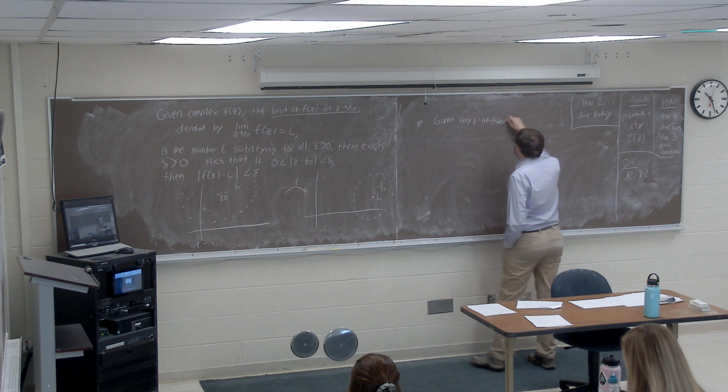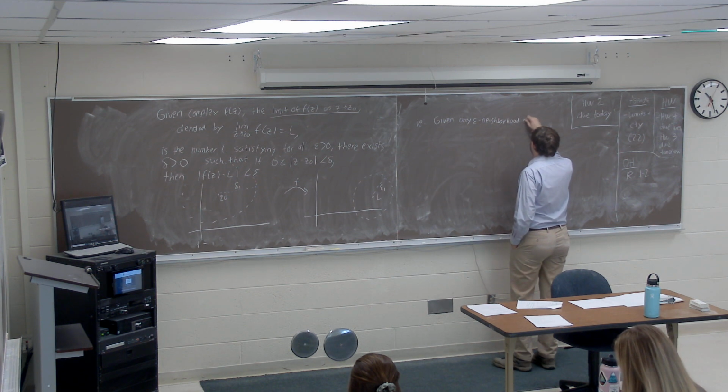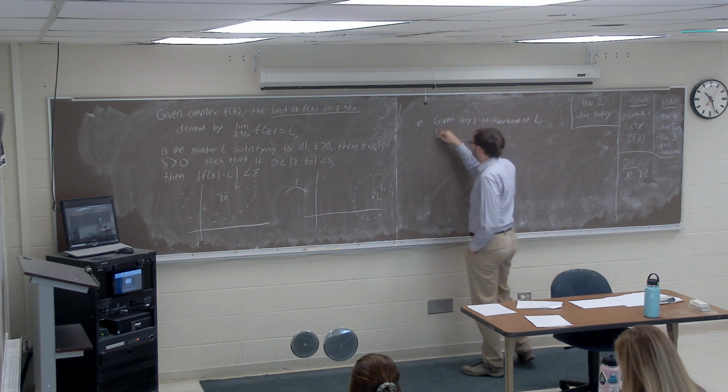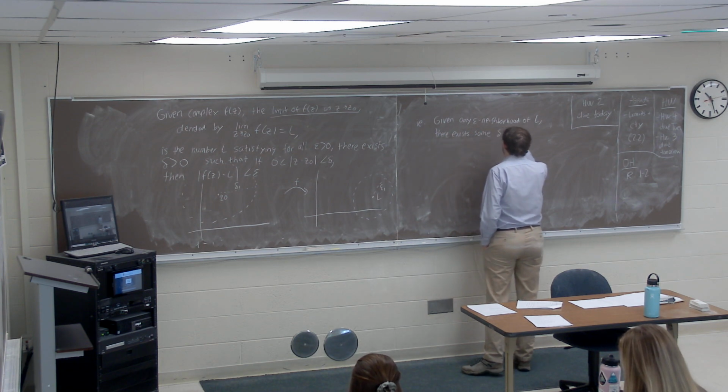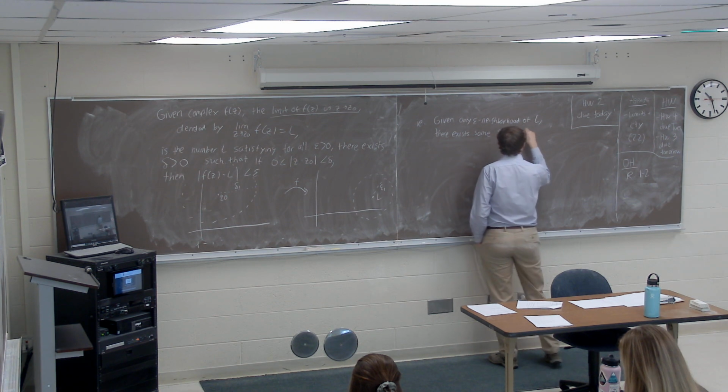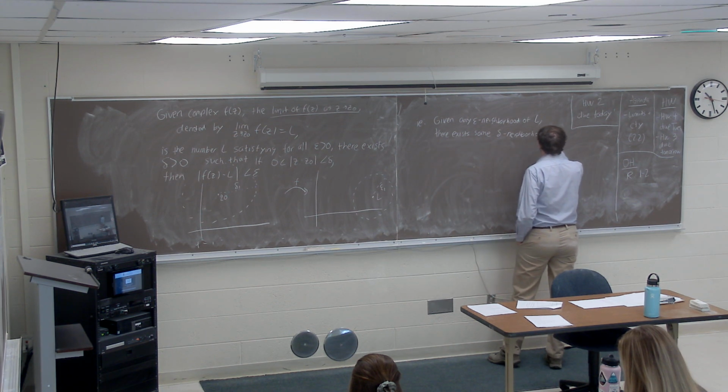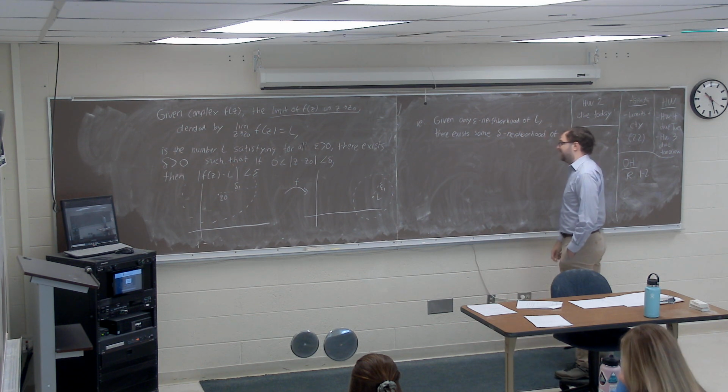So that given any epsilon neighborhood of L, there exists some delta neighborhood of z naught that maps entirely inside of it.